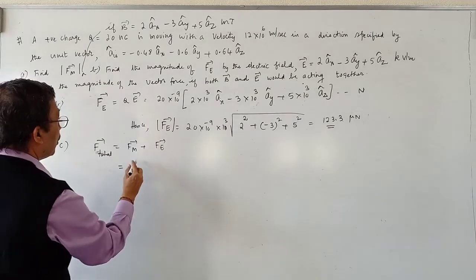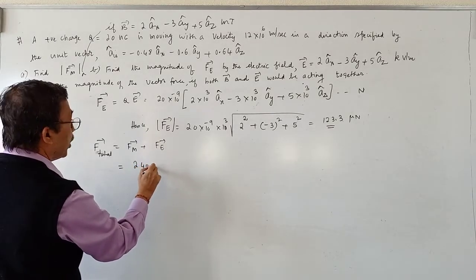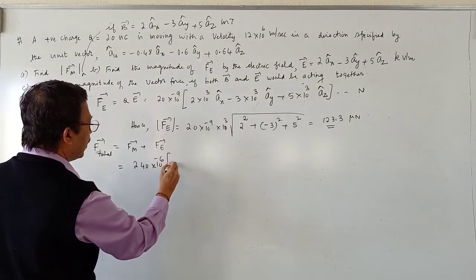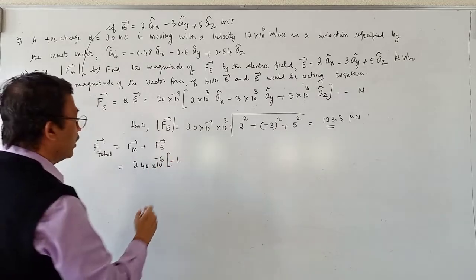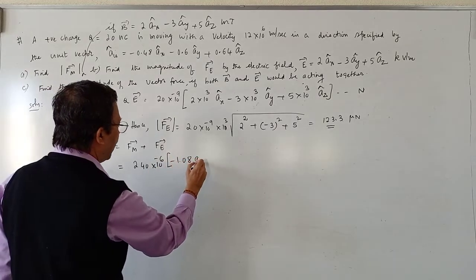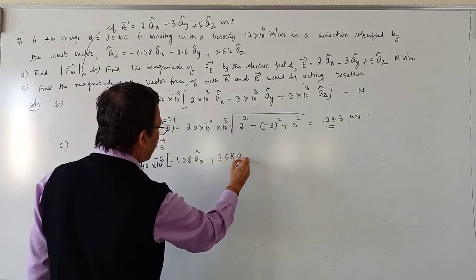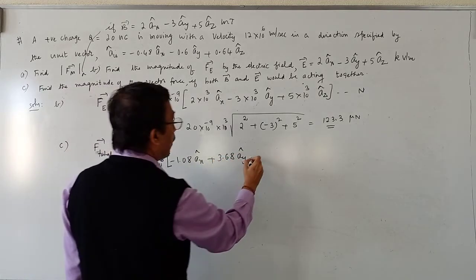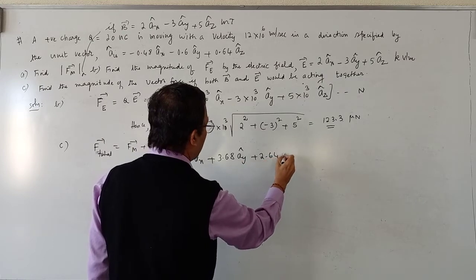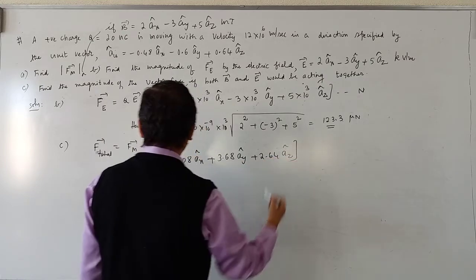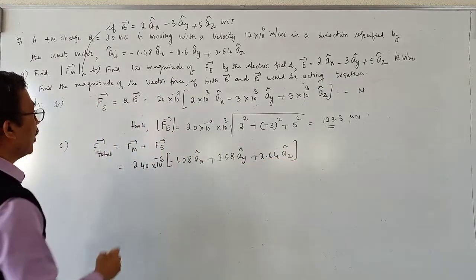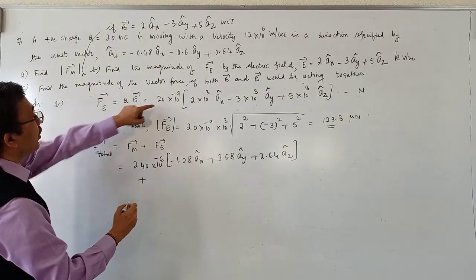Vector Fm is equal to 240 into 10 to the power minus 6. I have done this in part A. Minus 1.08 Ax cap plus 3.68 Ay cap plus 2.64 Az cap. This result I have taken from part A. Plus vector Fe. Vector Fe is here.